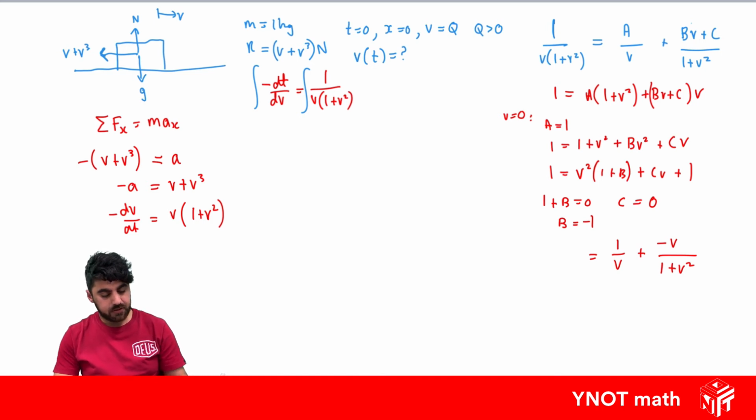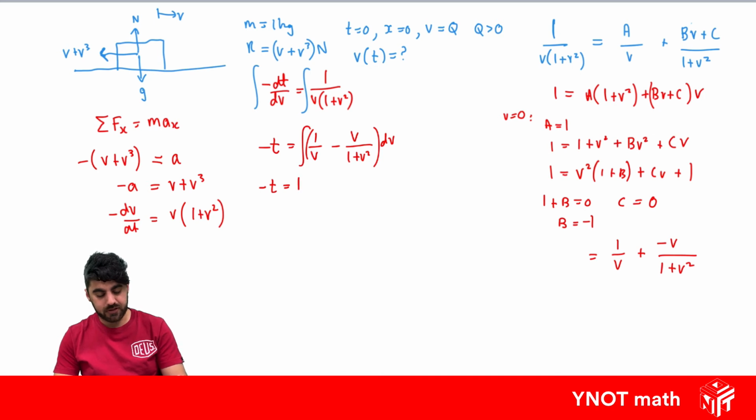So we get the integral of minus dt on dv is just minus t equals the integral of our decomposed fraction, which is 1 on v minus v over 1 plus v squared, with respect to v. So we get minus t equals, we can do these integrals separately.